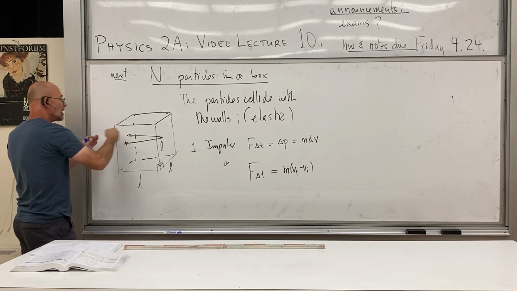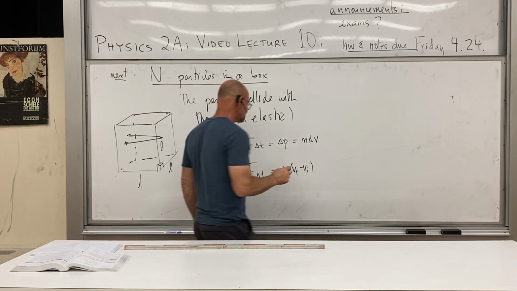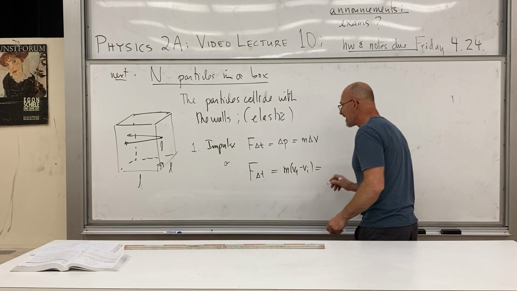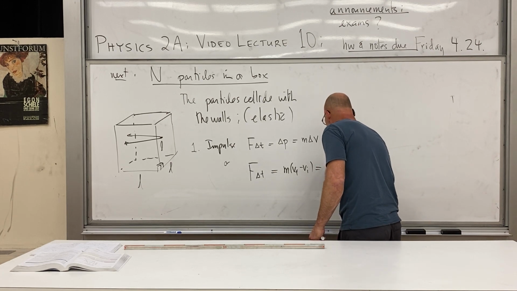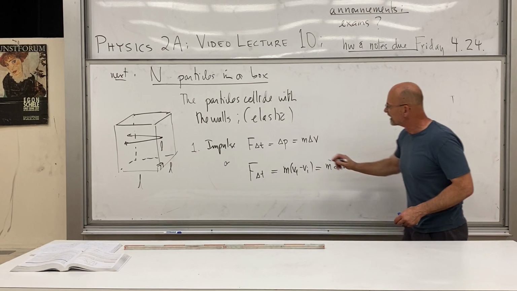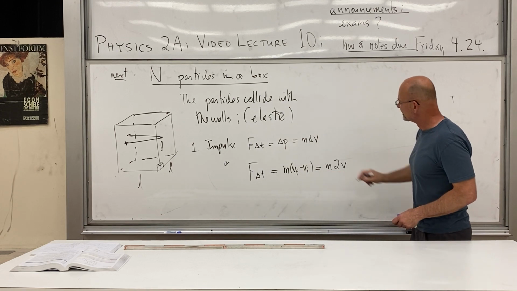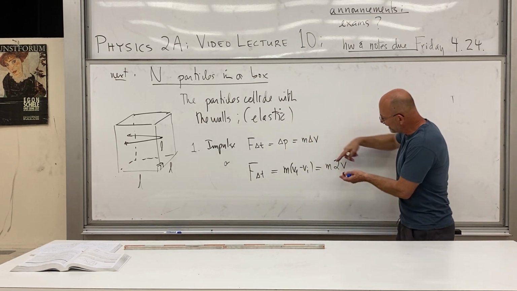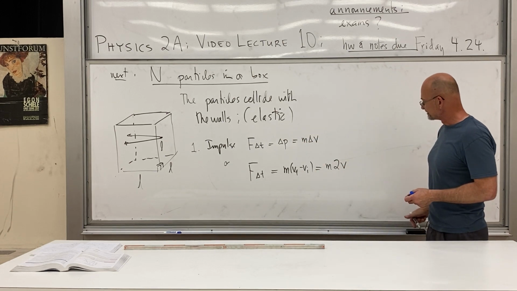Okay, hits the wall, bounces back. So since it's doing that, then what we have is M times 2V if it's an elastic collision. M2V because 1V and then minus negative V.